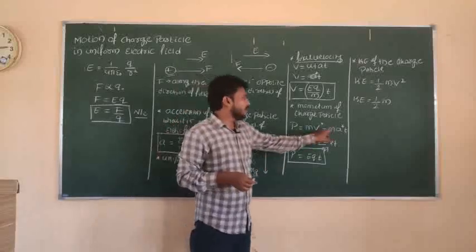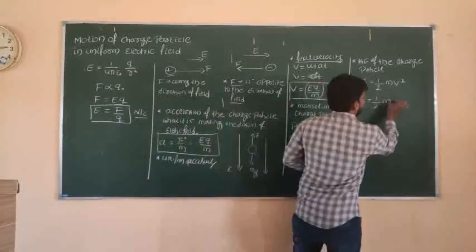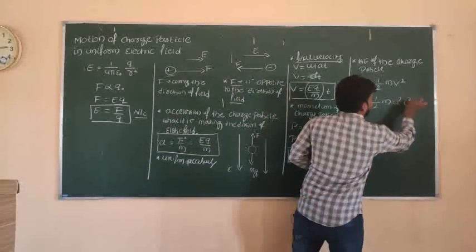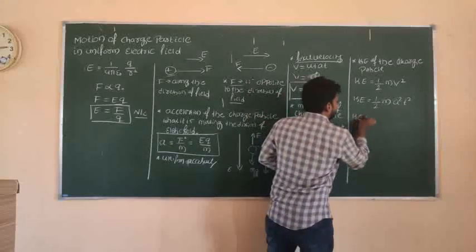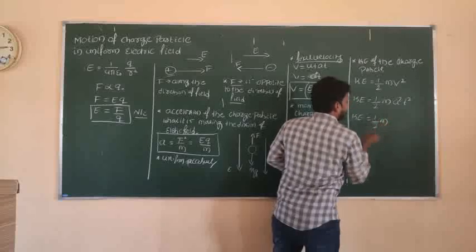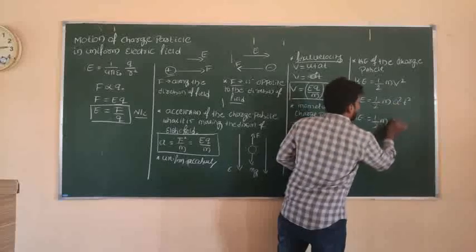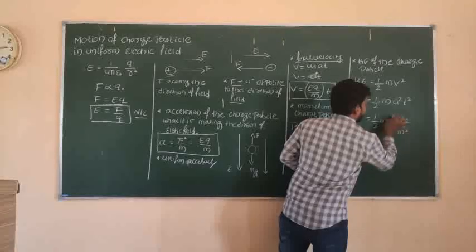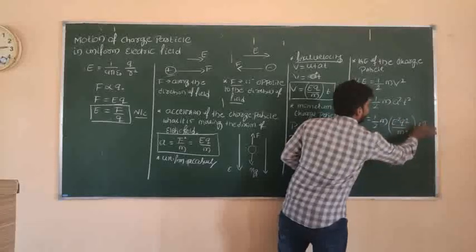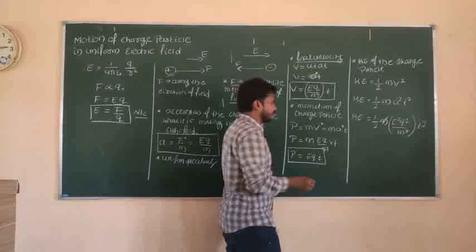V square, shall I write it as a square into t square here? So kinetic energy is equal to half of m into a square, means E square q square by m square into t square. Here mass term will get cancelled out.